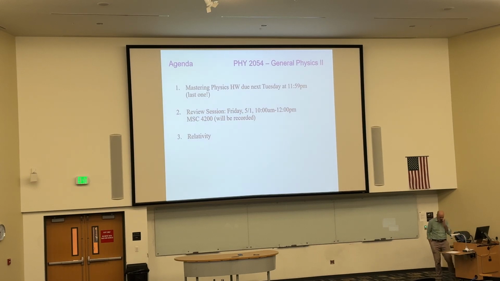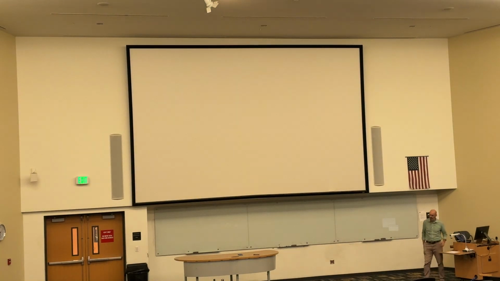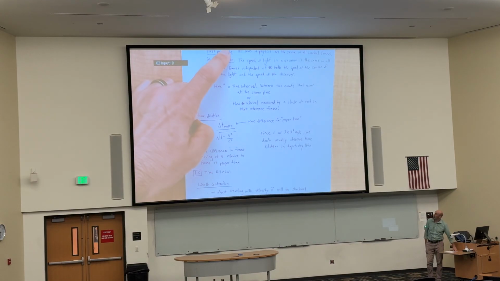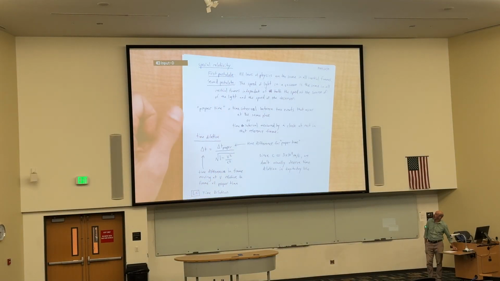So last time we had started talking about how, in order to satisfy these postulates of special relativity, that all laws of physics are the same in all inertial frames, and that the speed of light in a vacuum is the same in all inertial frames, independent of both the speed of the source of light and the speed of the observer, we have to mess with time and space.